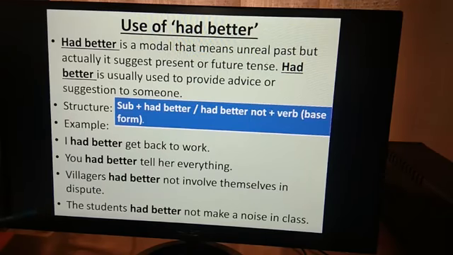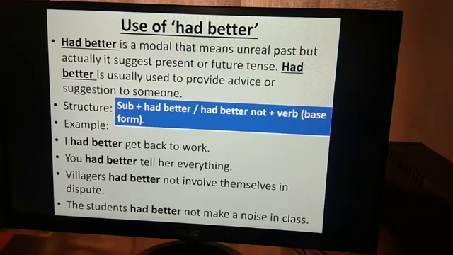Next example, the students had better not. This is also a negative sentence. The students had better not make a noise in class. So had better not we use for negative sentences. Make is the verb in base form, a noise in class.